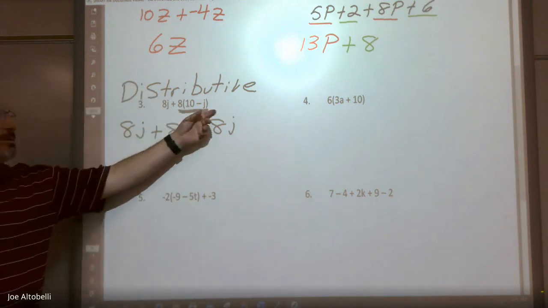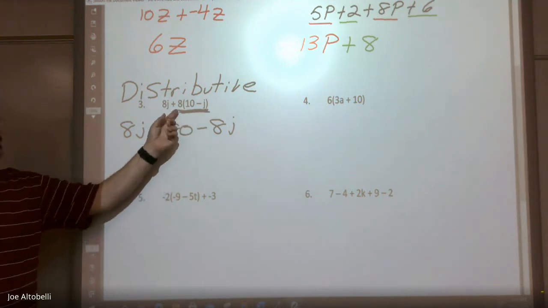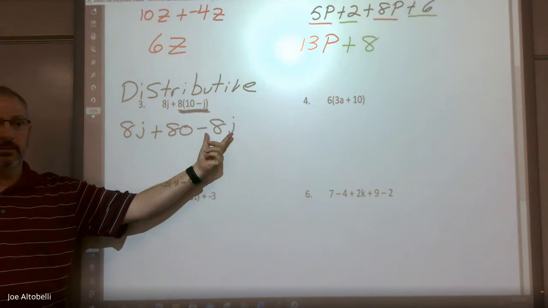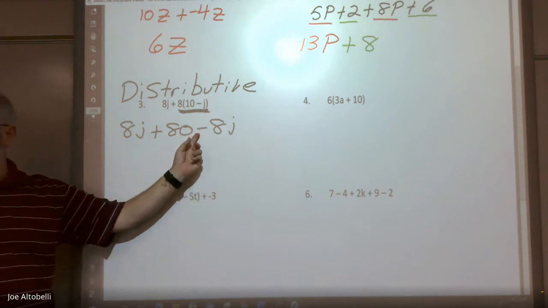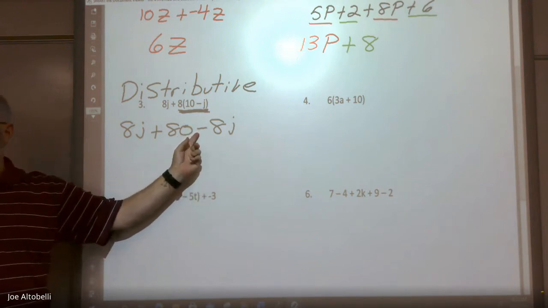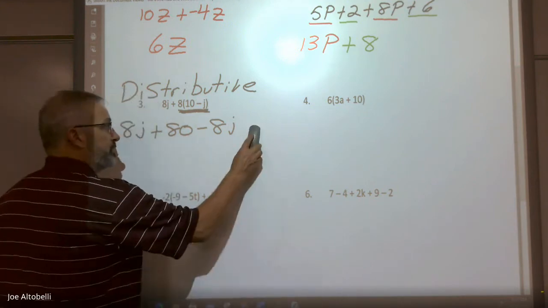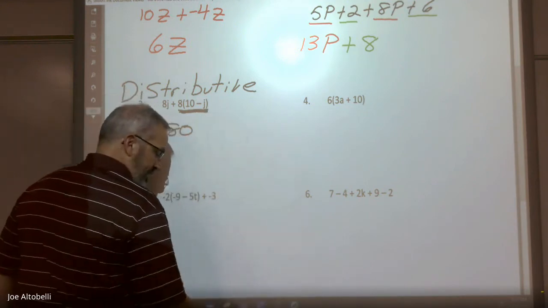When we do the distributive property, we get 80, and then minus 8j. What do you think I'm going to do with this minus? Change it to adding the opposite, okay? I am going to change this to adding the opposite.